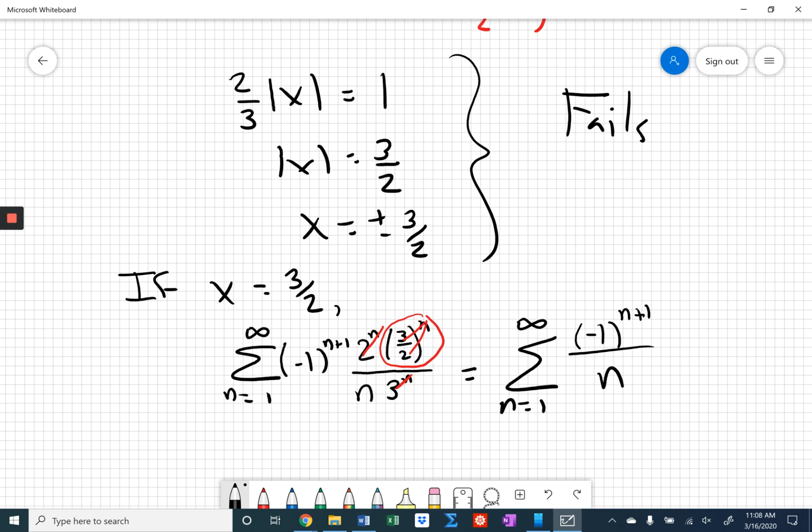Do you recognize that? This is the alternating harmonic series, or one version of it. And therefore, or you may remember, it converges.